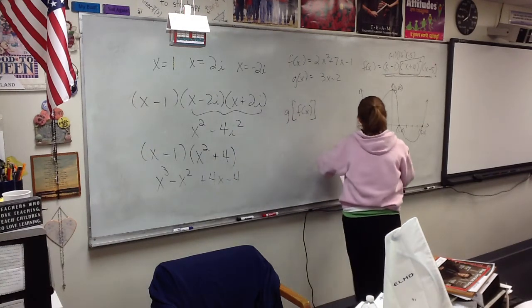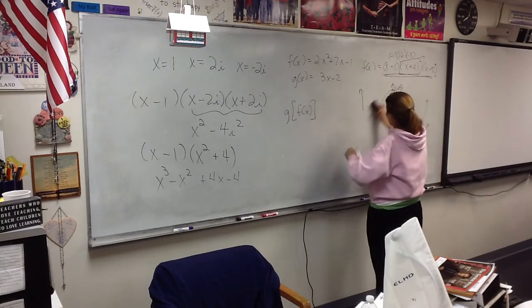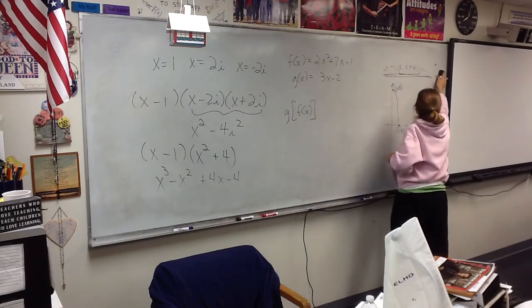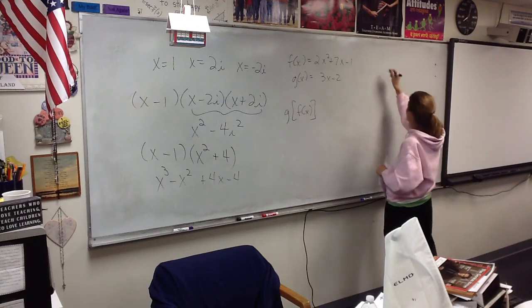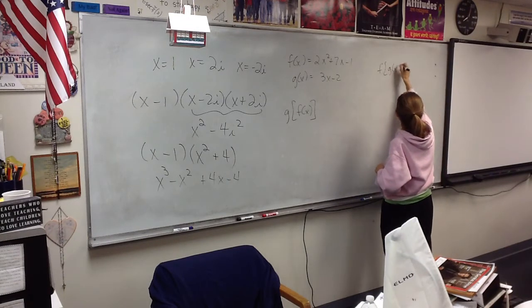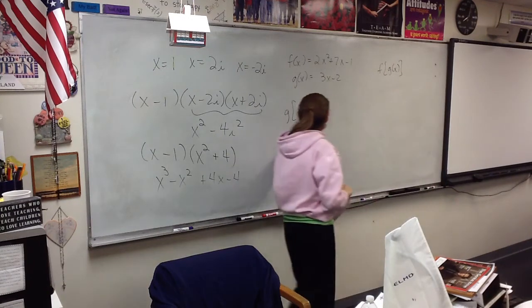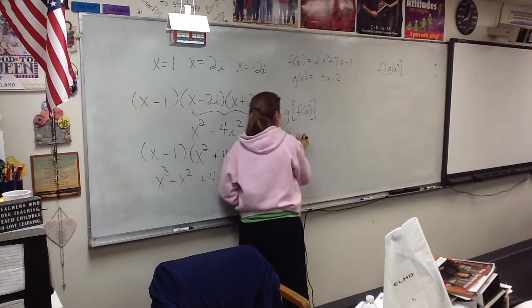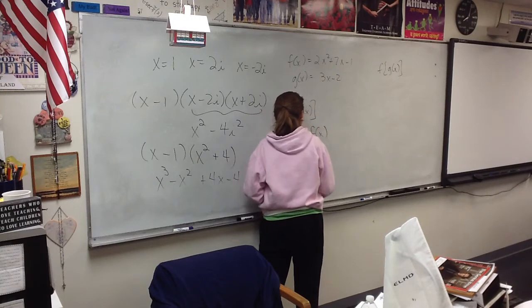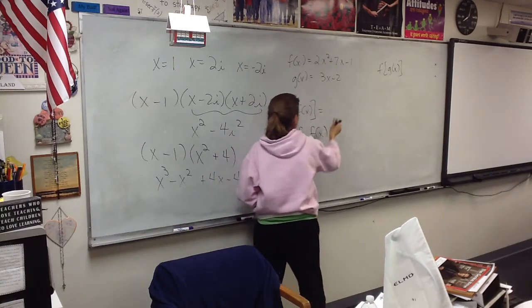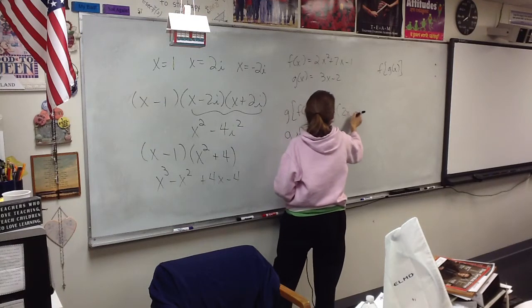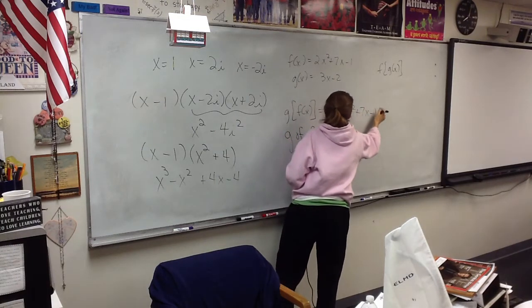Okay, now we're going to find both compositions. All right, so here we go. Remember that this means g of f of x. So we are going to find g of 2x squared plus 7x minus 1.